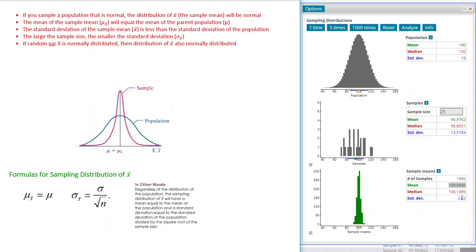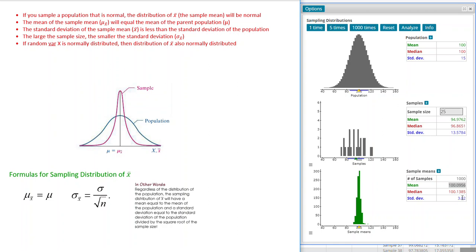The standard deviation of our sample means, remember that's down here in the bottom of our graph, the standard deviation of all of those sample means is going to be less than the standard deviation of our population. And then we could also see that as the sample size was increasing, so when we went from a sample size of 10 to 25, the standard deviation of these sample means is going to decrease.